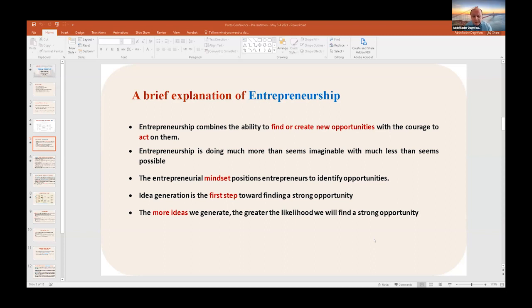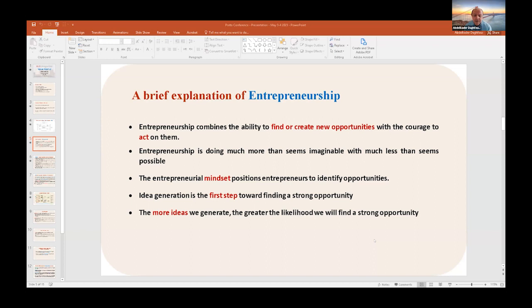Entrepreneurship also is very, very challenging because you have to do much more than seems imaginable with much less than seems possible. So there is a huge challenge there. And the mindset positions entrepreneurs to identify entrepreneurial opportunities. So the mindset here is very important as well.